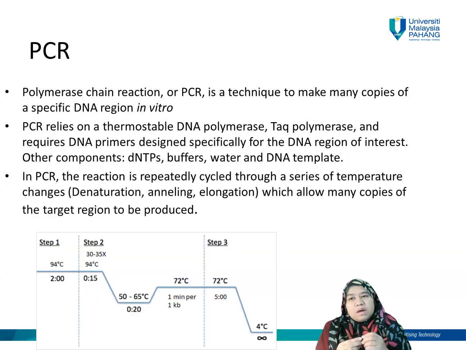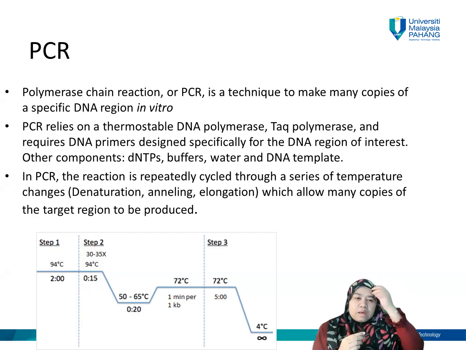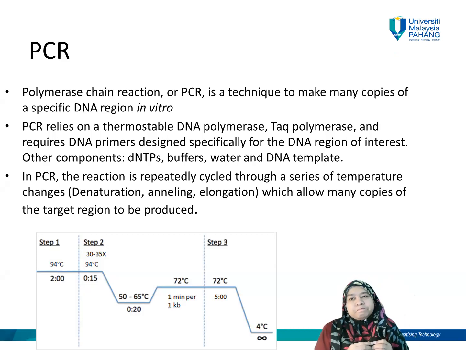So what is PCR? PCR is polymerase chain reaction. It's a technique to make many copies of a specific DNA region in vitro from a single copy or very few copies of DNA. The purpose of doing PCR is to propagate or make more of the template in the sample.